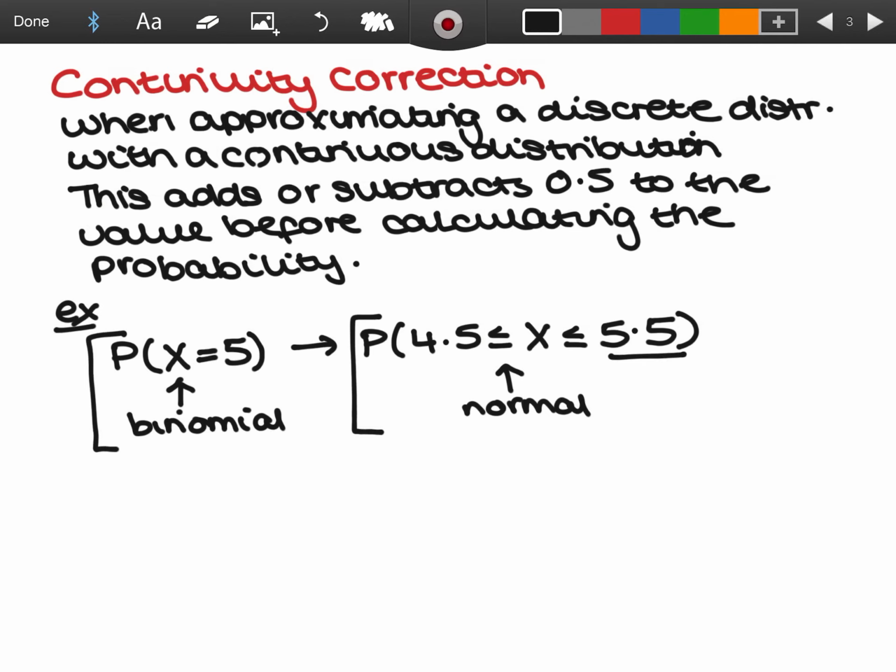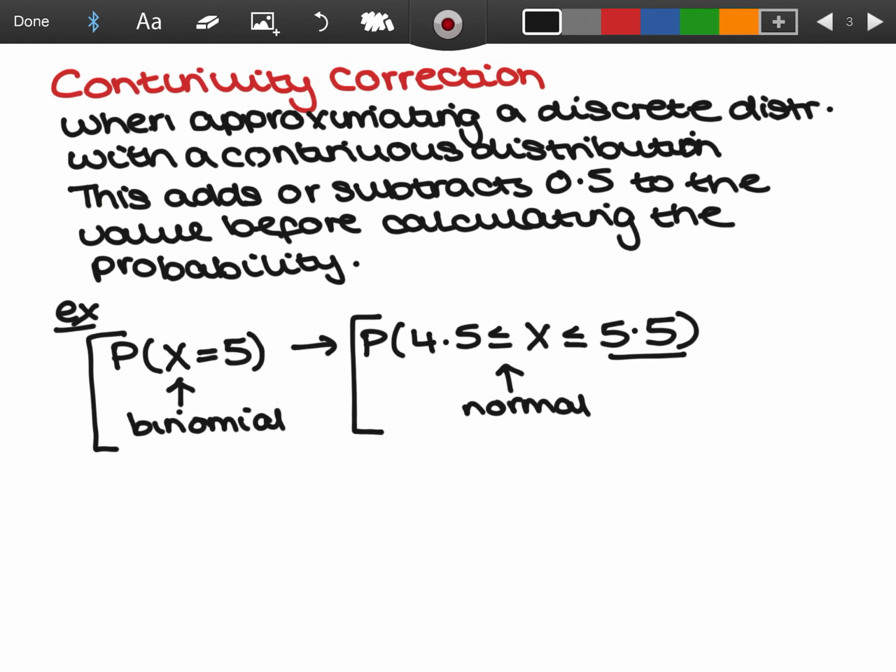The reason we can go up to 5.5 here is that the probability that it's exactly 5.5 in a normal continuous distribution doesn't exist. Remember, you cannot have a probability of exactly some value in a continuous distribution. We have to have a probability of a range of values.